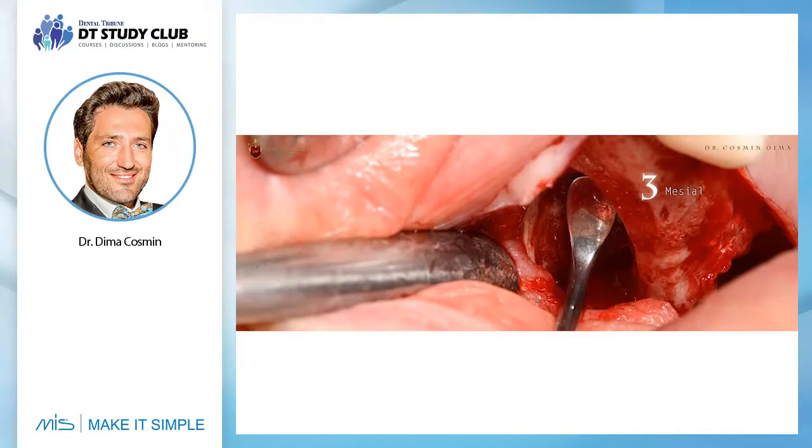So we are afraid to enlarge it to mesial, and that's why we don't have a good access. If we don't have a good access, just remake it. Just remake the contour of the window. Don't try to detach the membrane if you don't have the correct access and you don't feel the bone because you will perforate it.